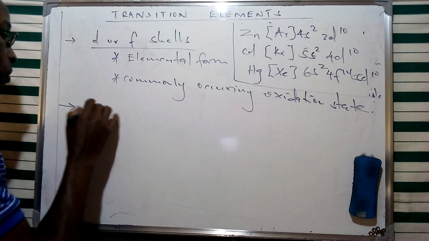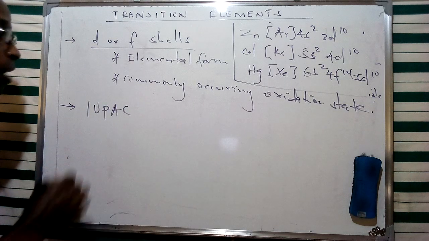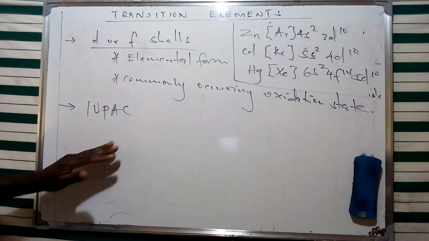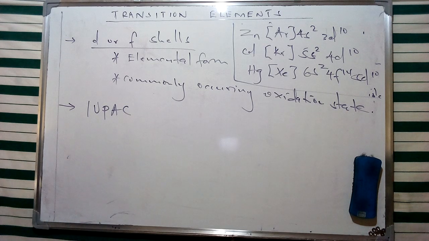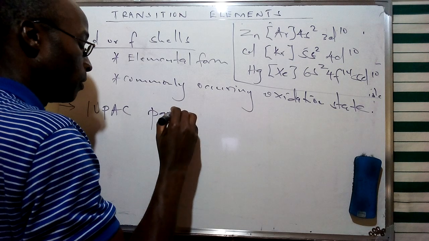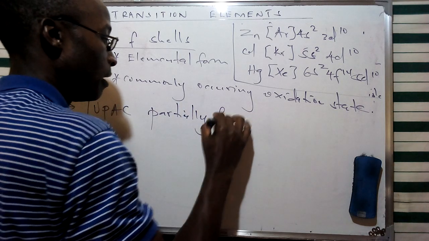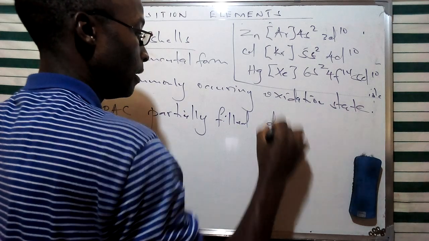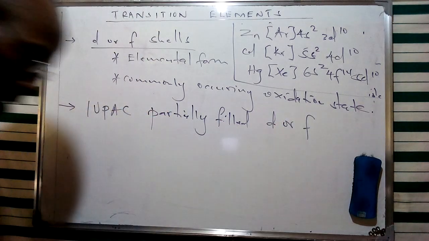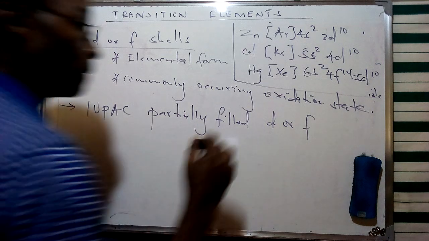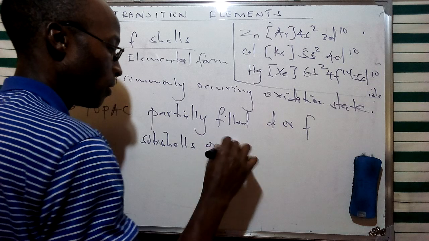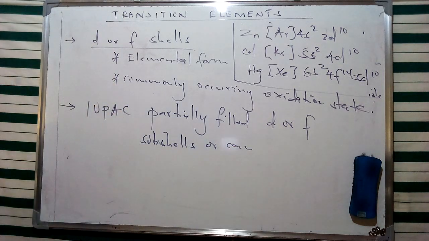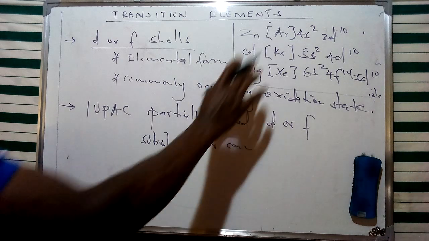But according to the IUPAC system, an element is regarded as a transition element only if it contains a partially filled D or F subshell, or can give rise to partially filled D subshells. So I've just given these specific elements intentionally.